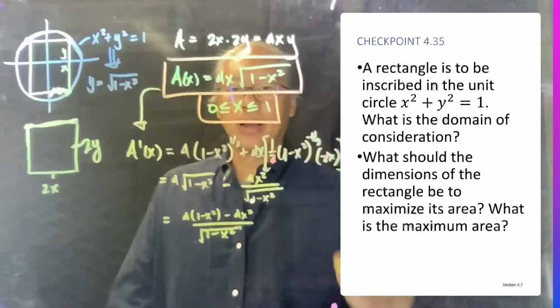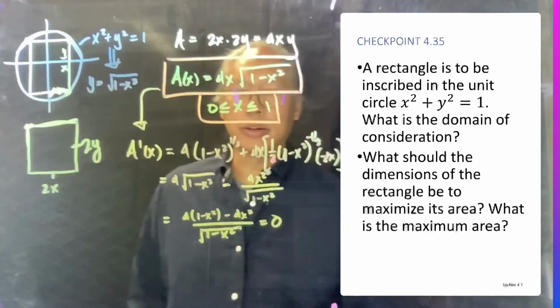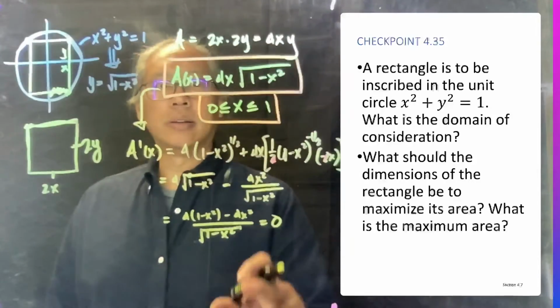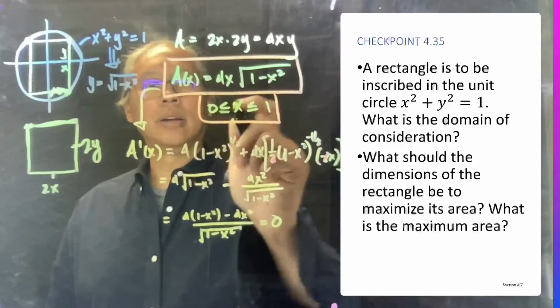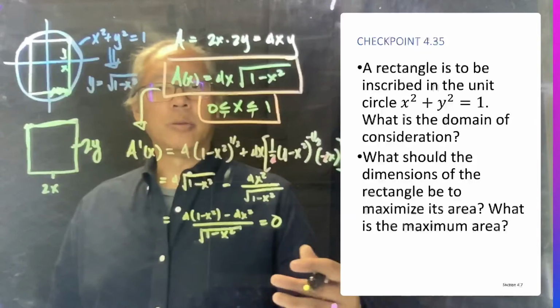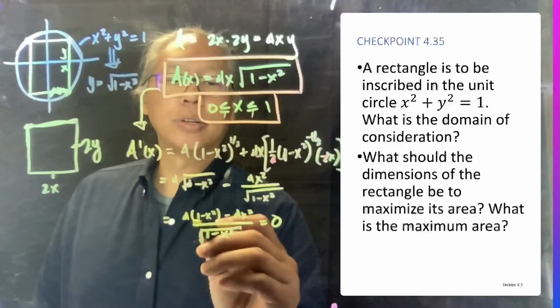All right, now we're going to want to set this equal to 0 because that's what we do. We set our derivatives equal to 0. And when we do that, as long as we're not including 0 or 1, the denominator would be okay, and we don't have to worry about that. So let's just figure out what happens in the numerator.